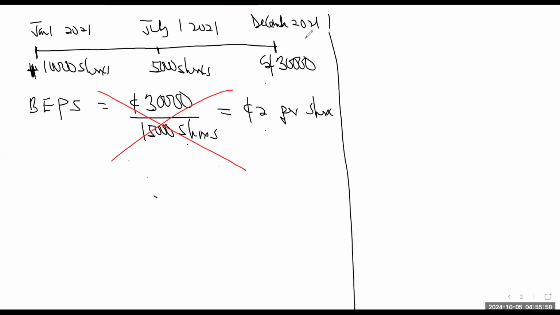Okay, let's come here. The 10,000 over here will contribute to the profit for a full year, isn't it? But let's come here. The 5,000, will it contribute to the profit for a full year? Is it going to be the 5,000 that is contributing to the 30,000?